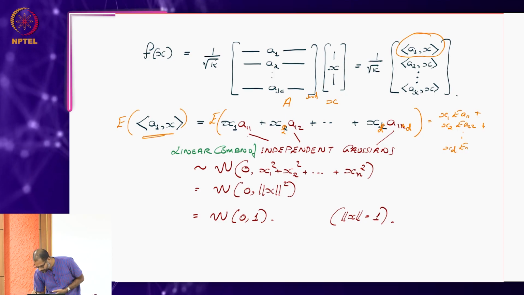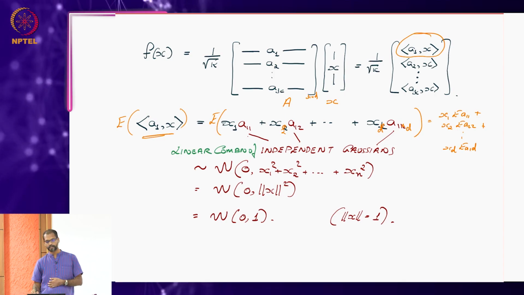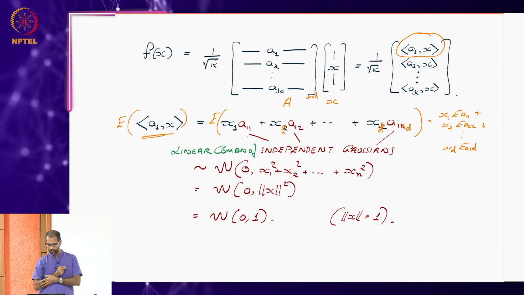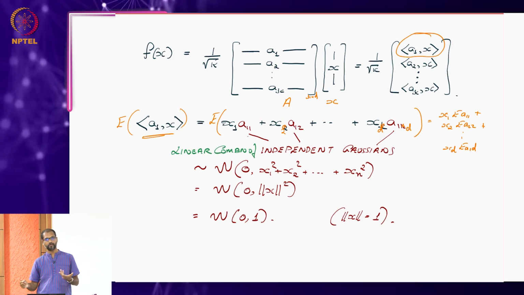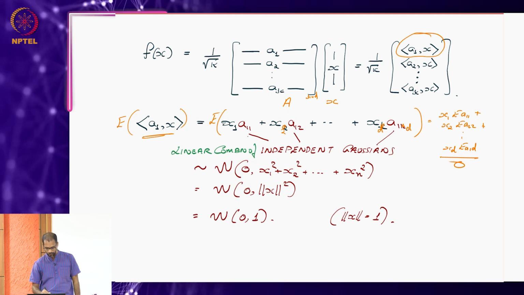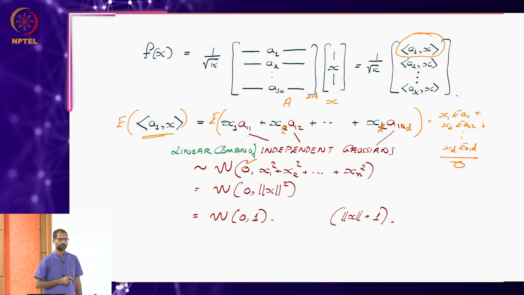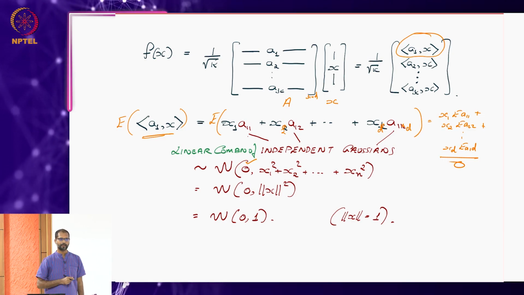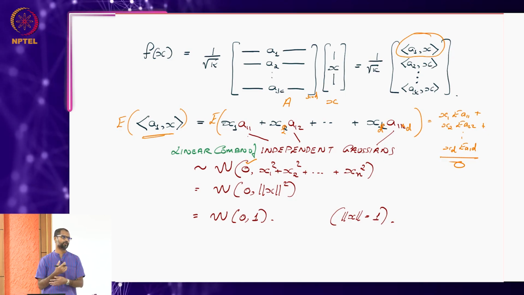Now, what is E of a11? 0, because it is a zero mean Gaussian. E of a12 is 0. So, this whole thing boils down to 0. So, the resulting Gaussian's mean is 0. Are you with me? You are adding some zero mean Gaussians, the result is also going to be zero mean.